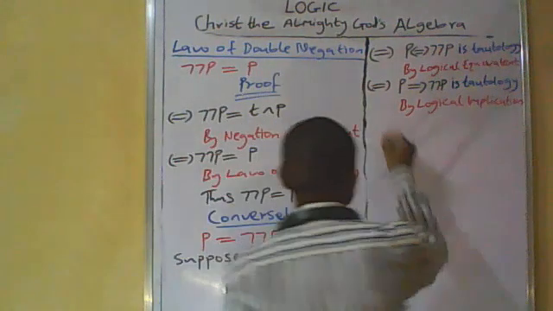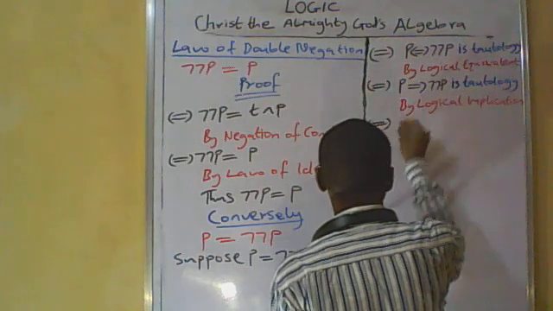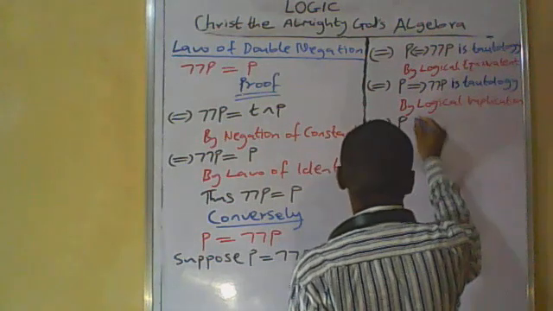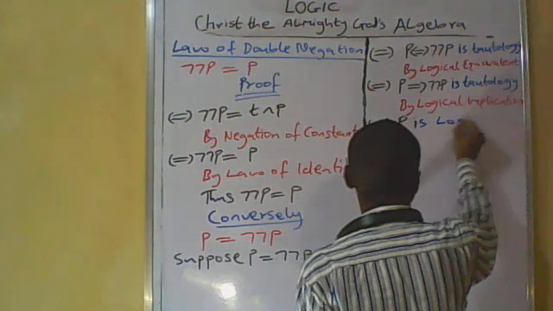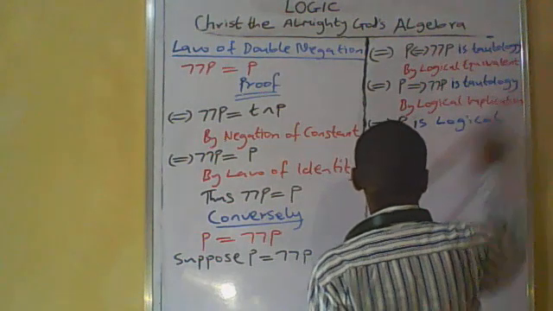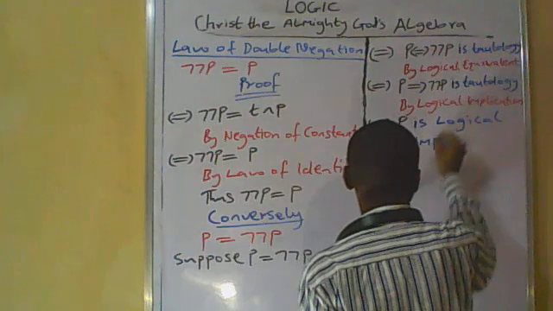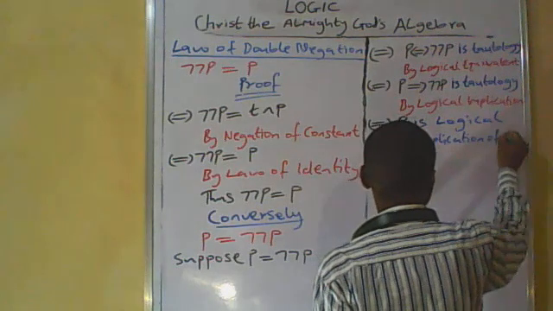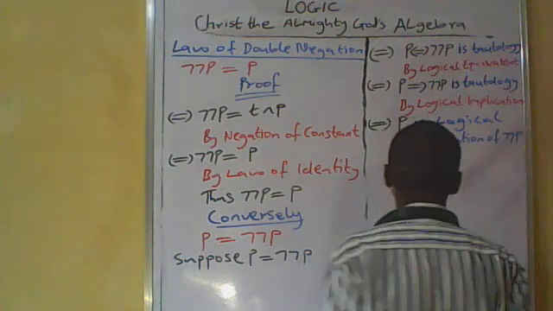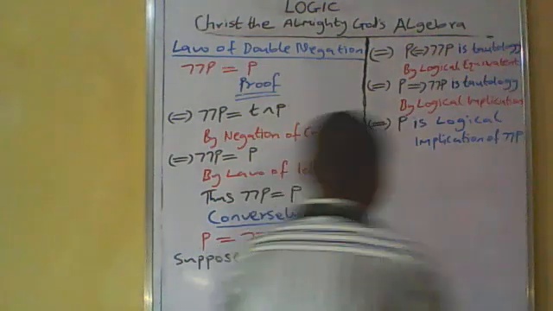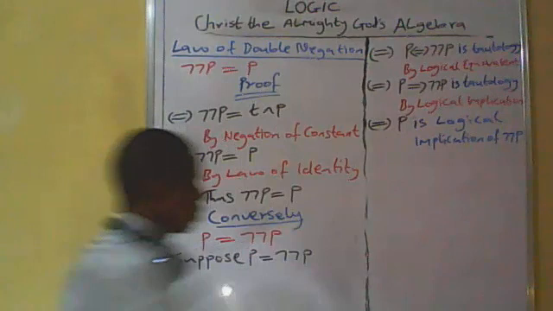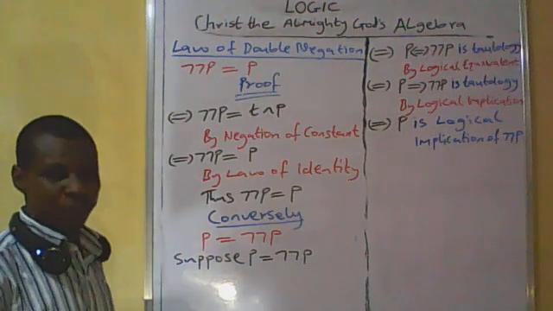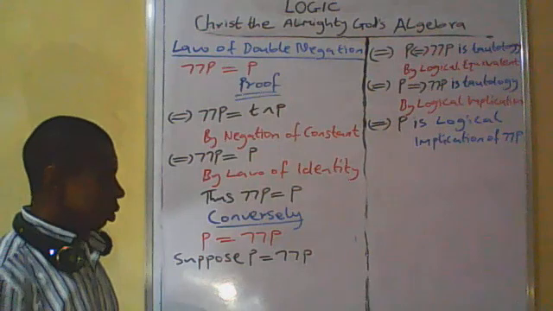If and only if P is a logical implication of not P. You have now derived that P is a logical implication of not P by the principle of logical implication.